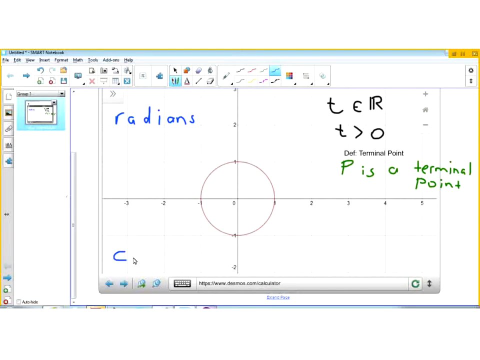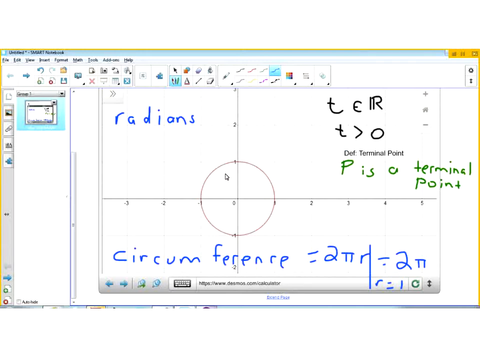Okay, so circumference is equal to 2 pi times the radius, 2 pi r. And that's the measure of the length of the circle, right? And in this case, since r is 1, that's just equal to 2 pi for the unit circle. Okay, this is the unit circle centered at the origin.